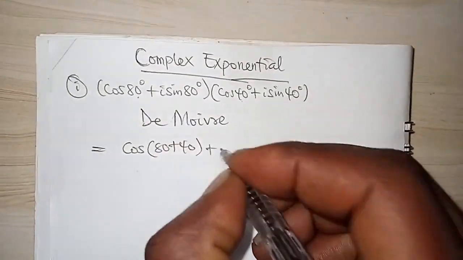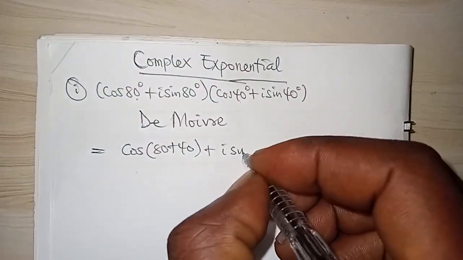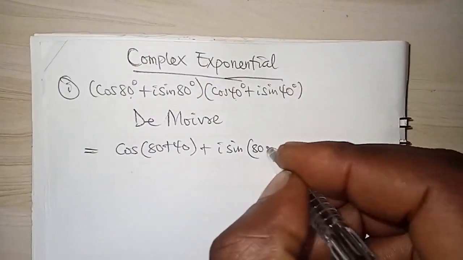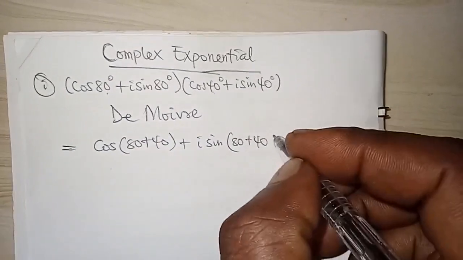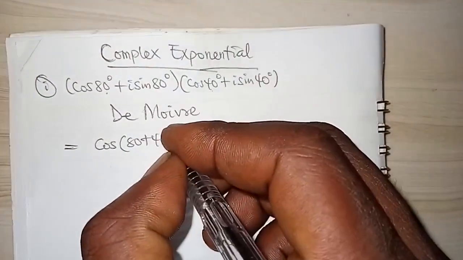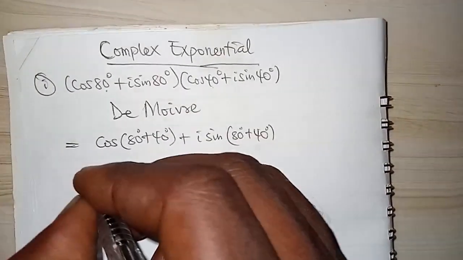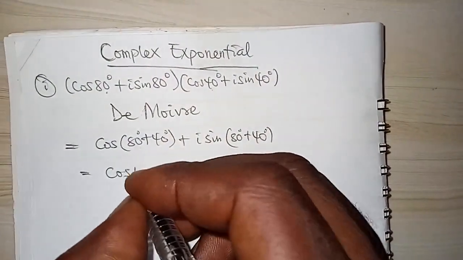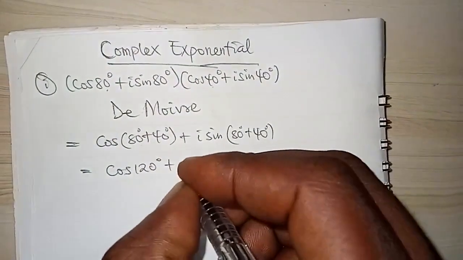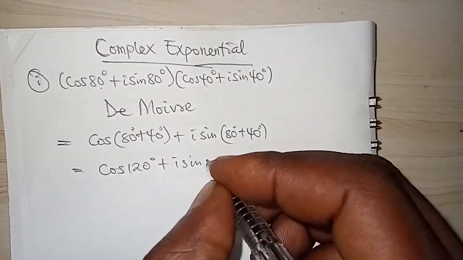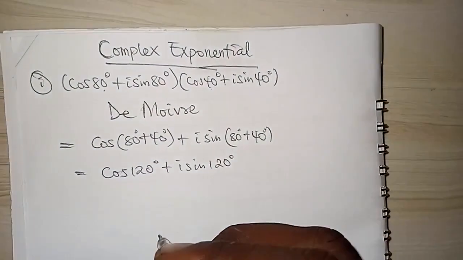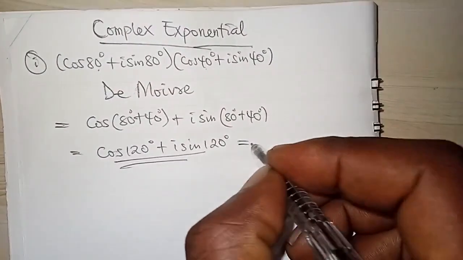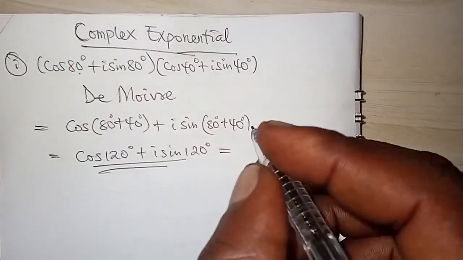That's for cos, plus i sine, we have 80 here and 40 here, 80 plus 40. So we're going to have cos 120 degrees plus i sine 120 degrees. So this we have solved it, or we can put it in exponential form.